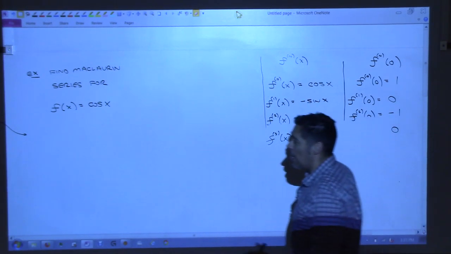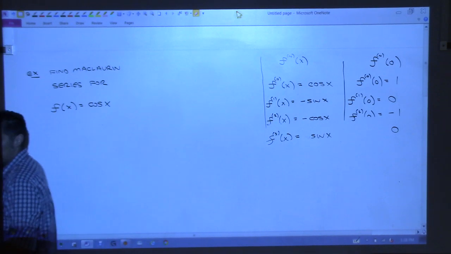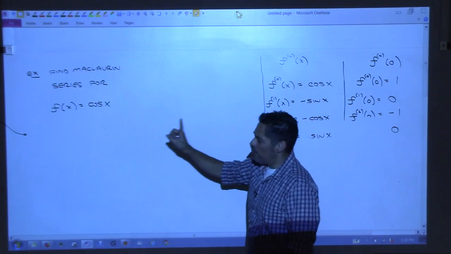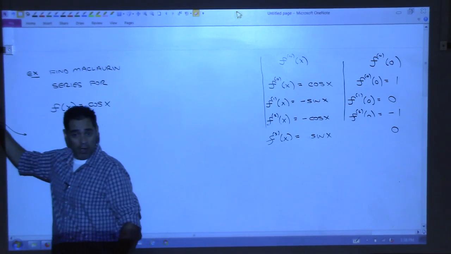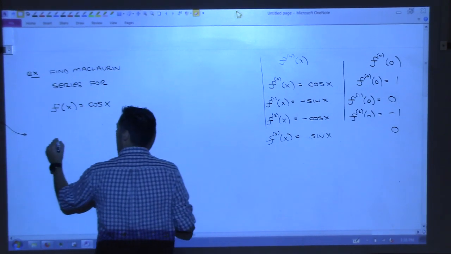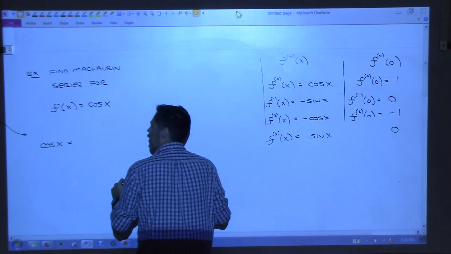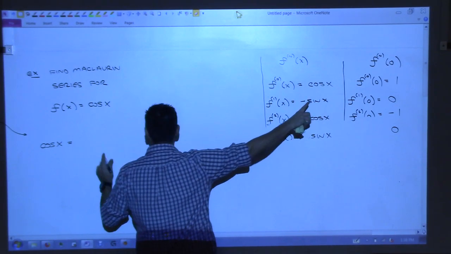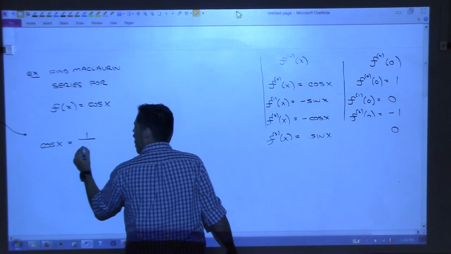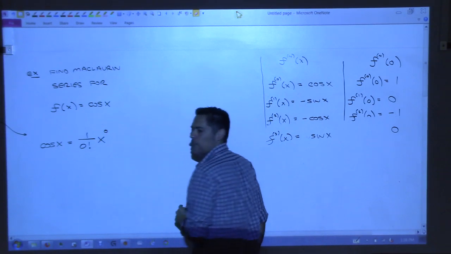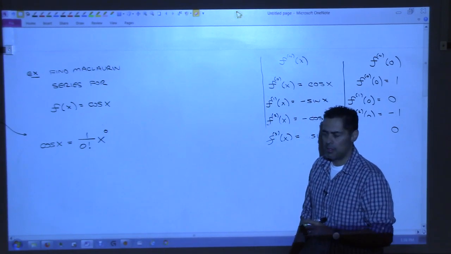Okay, so if I go to write this out, let's see if we can do this without me having to rewrite this whole thing again. If I start by plugging in 0, then I'm saying cosine of x is equal to, you tell me, starting with 1 over what? 0 factorial x to the 0. That's the first piece.